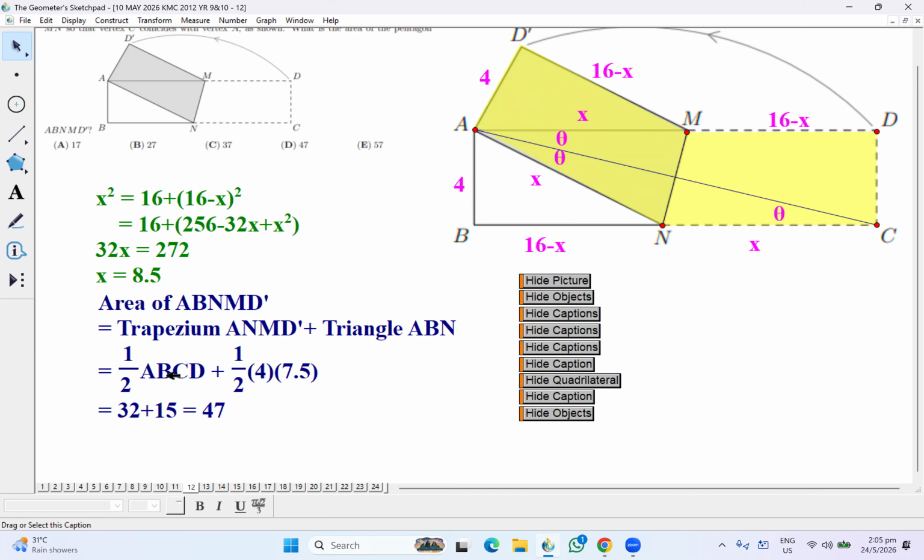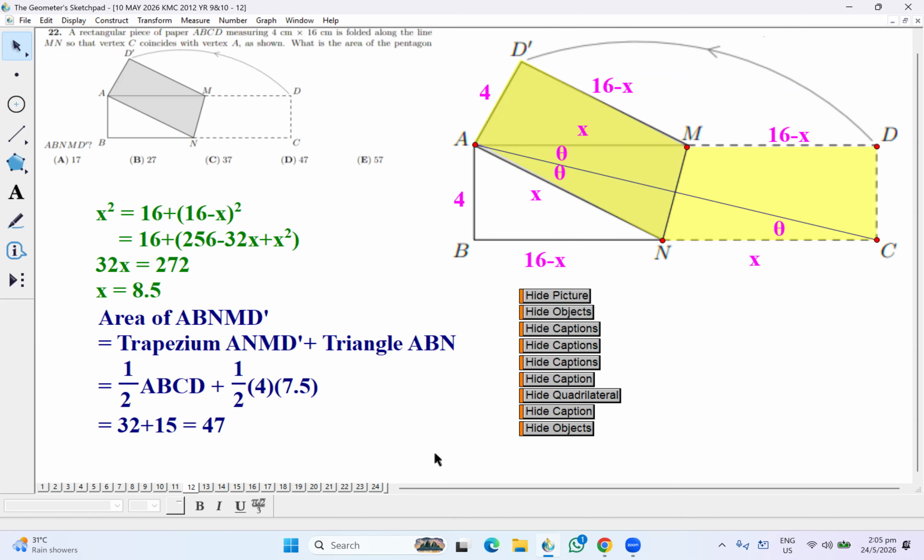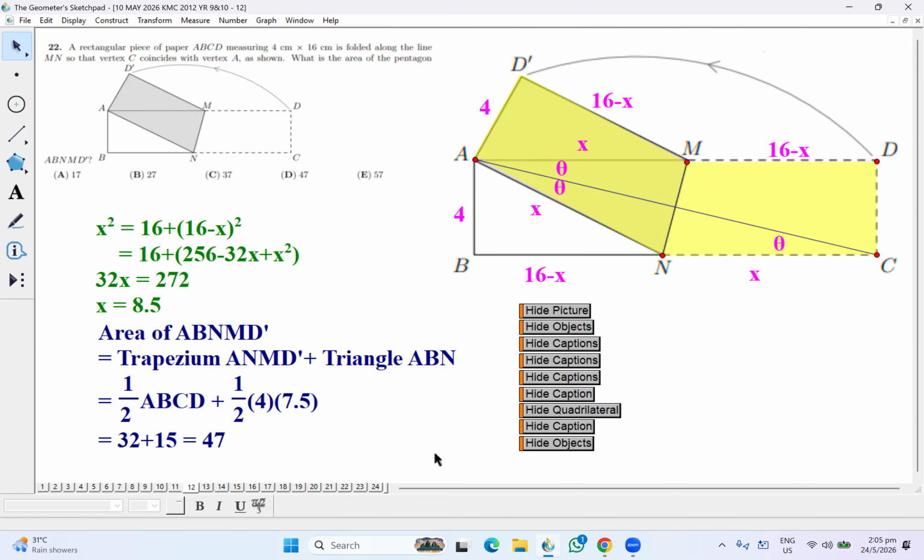So half times 64, 32. Triangle, half base times height. This is 4. X is 8.5. So 16 minus X is 7.5. Answer 47. Actually, before I do, I was trying to save work.